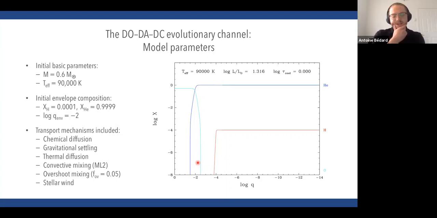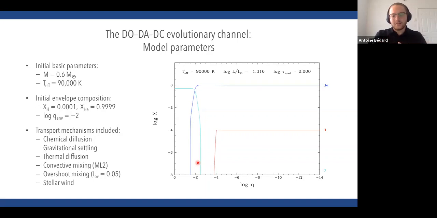Well, my understanding is that we don't have a cutoff. The overshoot coefficient simply goes down, and at some point the diffusion coefficient of atomic diffusion is larger than the overshoot coefficient.